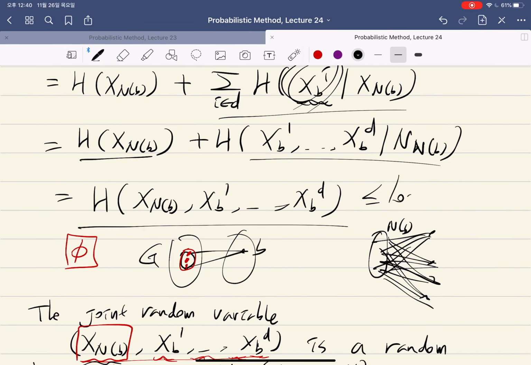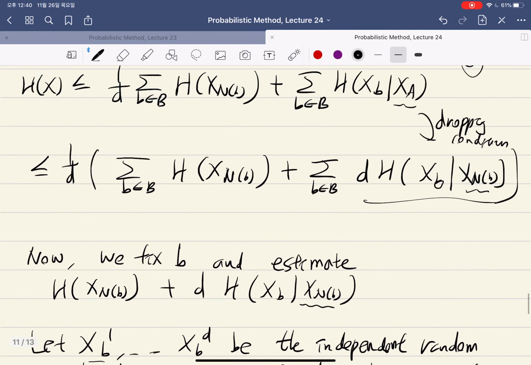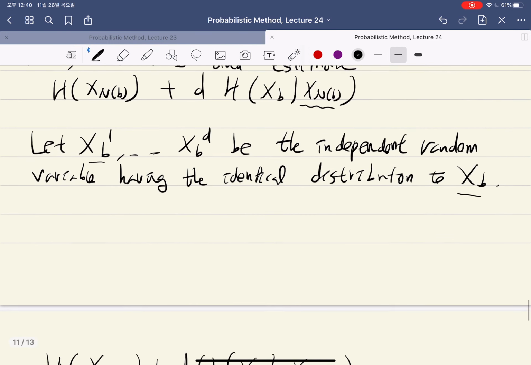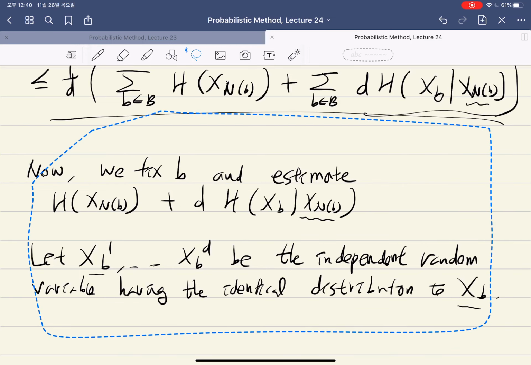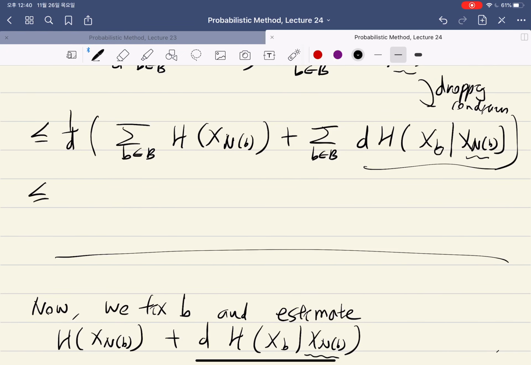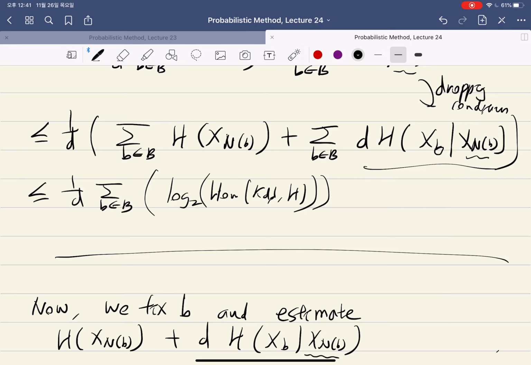So what do we have? This is log 2 of the number of homomorphisms from K_{D,D} to H. Then, from here, if we apply this, again this was 1 over D, summation over P in B, and the thing inside was at most log 2 of the number of homomorphisms from K_{D,D} to H. And how many vertices are in B?